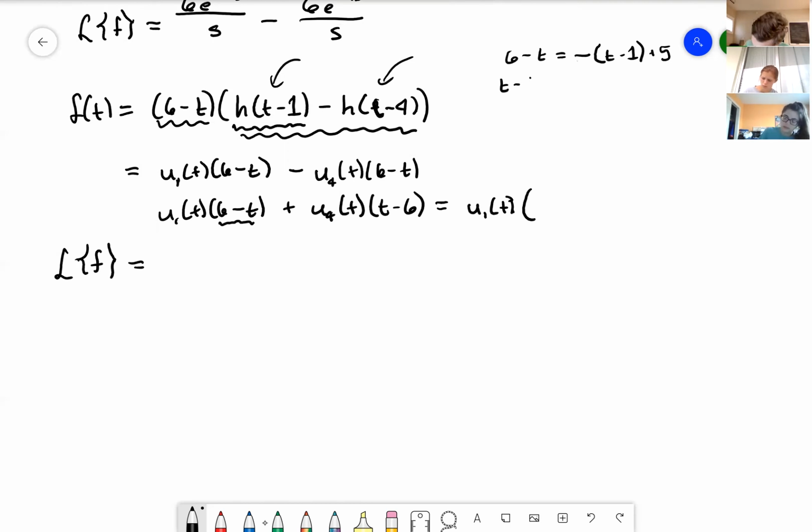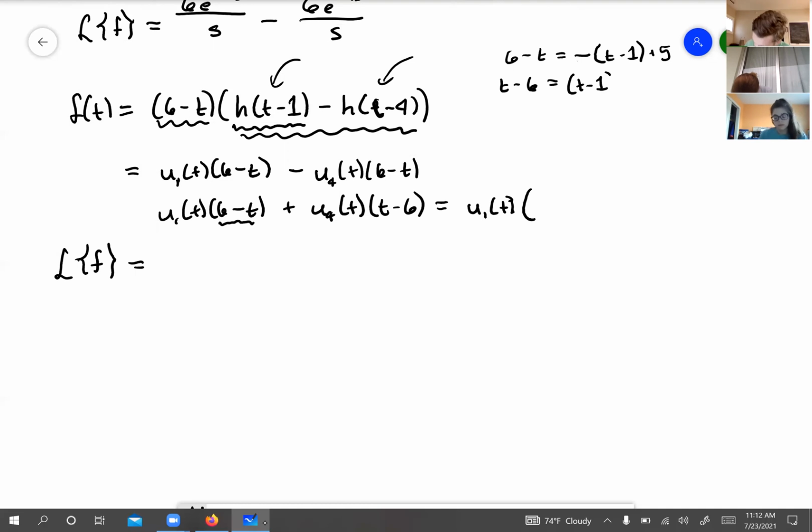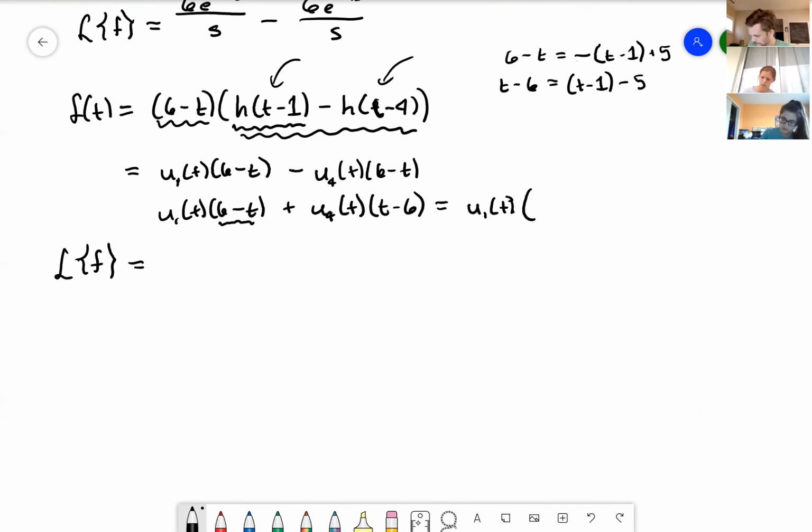And t minus 6, I'm going to rewrite that as t minus 1 minus 5. So if I take g of t, I want g of t to be t minus 5.